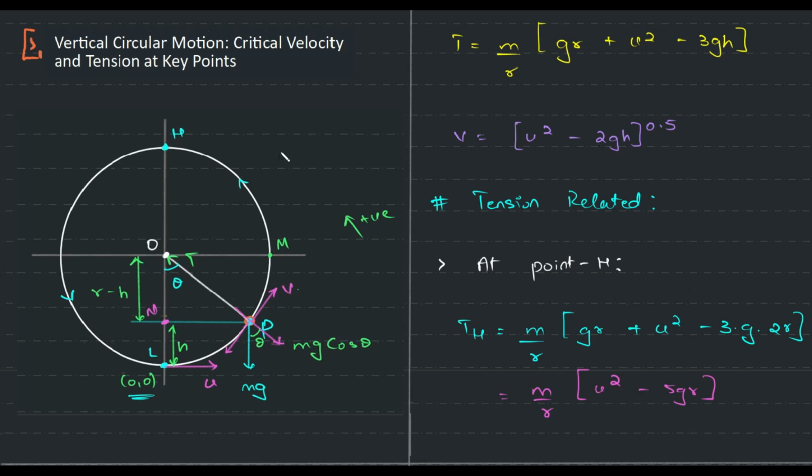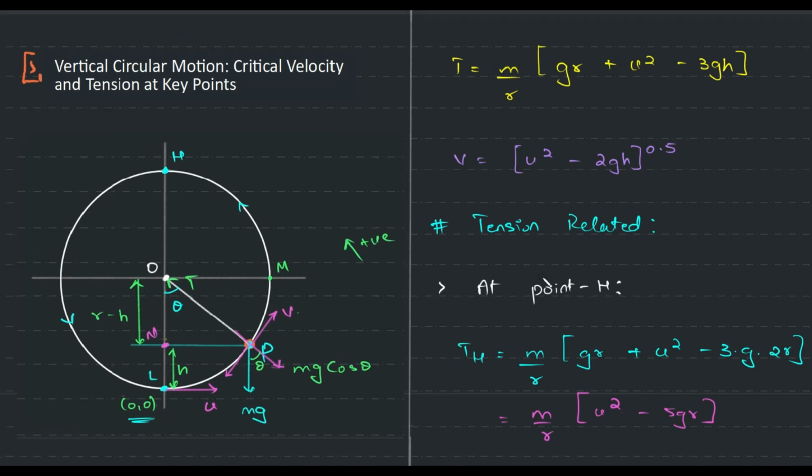Now we are just picking up specific cases. Very simple. At point H, what is the tension? At point L, what is the tension? Okay, and then we are looking at, I want to see to it that the object goes one round. What should be the velocity at the bottom? What should be the velocity at the top? That's what we went on exploring. And that was your derivation.